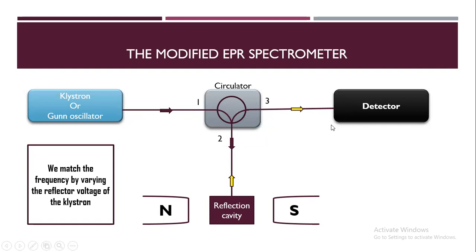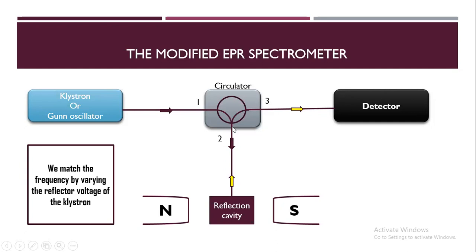Because if we use a simple waveguide, when the reflection or the signal is going back through this channel, it can go to the source also, it can go to the detector also. But we don't want the signal to go to the source, we only want it to go to the detector. That's why we use a circulator, which is a non-reciprocal device.